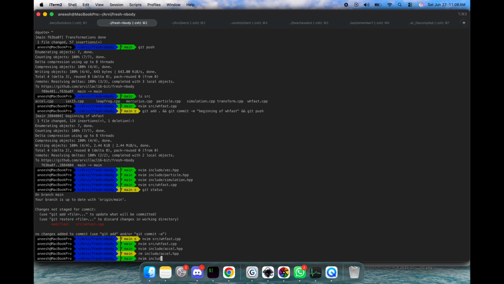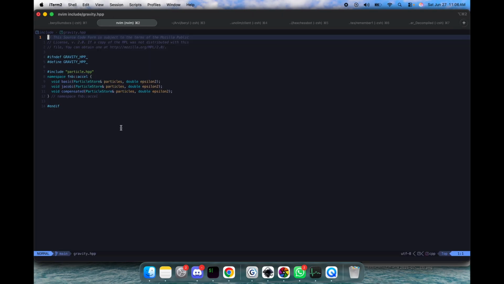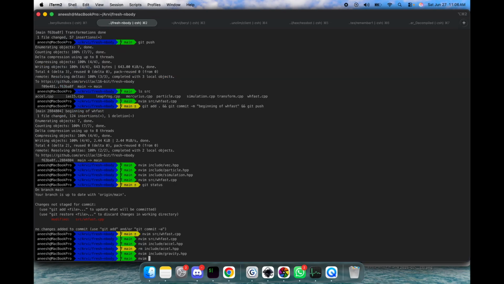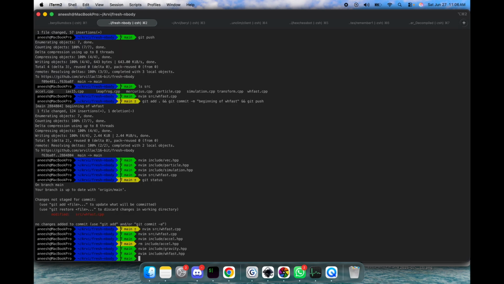So nvim include gravity.hpp. Okay, so basic, Jacobian, compensated. Okay, now I have to go to nvim include /whfast.hpp. Just quit. Okay, don't write, it's gonna write an empty file. Okay, now there's nothing in there.